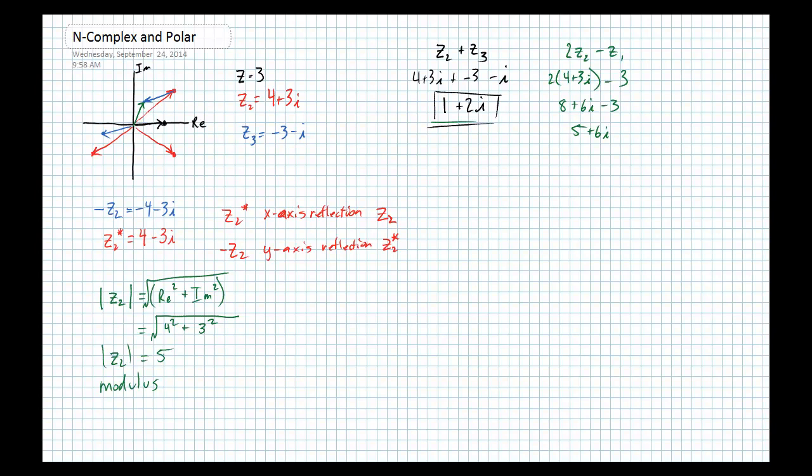Alright, now we're going to talk a little bit more about these, but this idea of using the modulus with imaginary numbers could also be applied to finding the midpoint of a segment, or to finding the distance between 2 points, right? If I wanted to find the distance between z2 and z3, then we just find the difference of the x values and the difference of the y values, and that's what goes here instead.